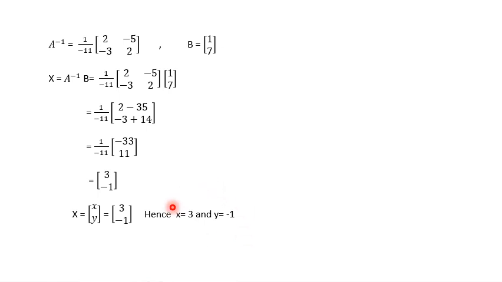So, here the solution is x equal to 3 and the value of y is minus 1. So first we need to find the inverse of the coefficient matrix, and multiplying that inverse of A with B, we will get the unknown matrix X. So here you need to do each calculation carefully.